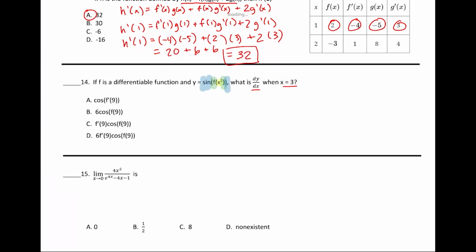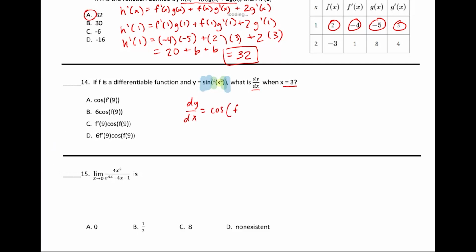And so what we're going to do is just do the chain rule, which says we're going to differentiate the outside function first, leaving everything in between, and then we'll differentiate each function going inwards. So first, we'll start with the derivative of the outside. dy dx will be the derivative of a sine, which is cosine.